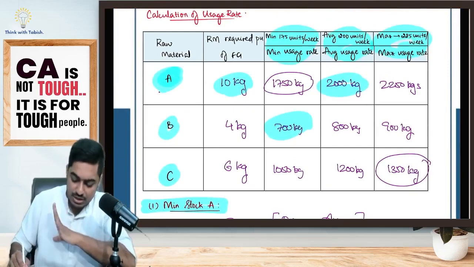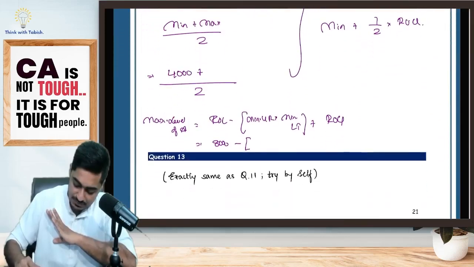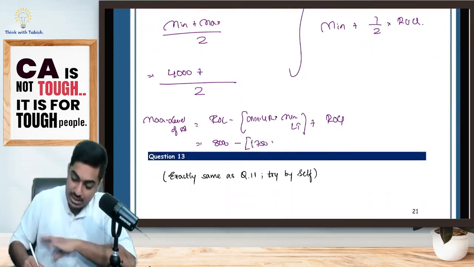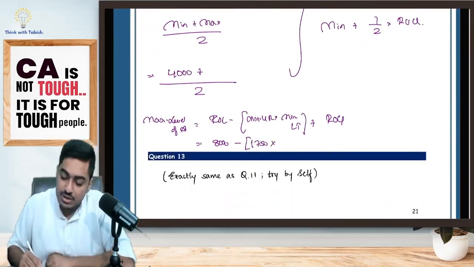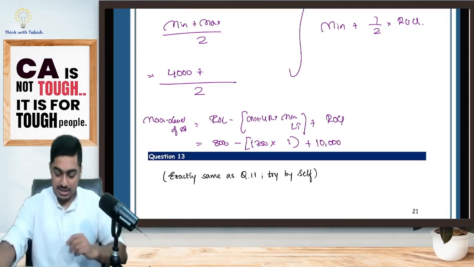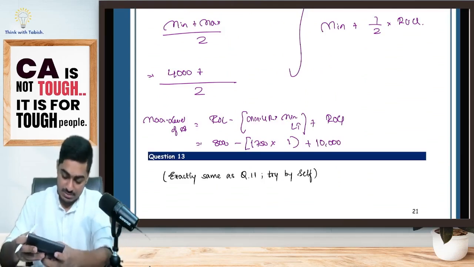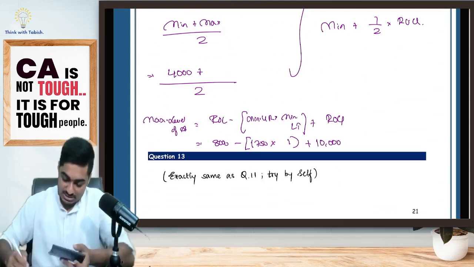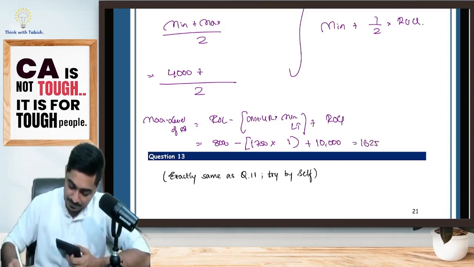One number here and there, your entire answer is gone. 1750 into minimum lead time for A is 1 week, plus reorder quantity is 10,000. So 10 plus 8, 18,000 minus 1750 is 16,250. Yes sir.